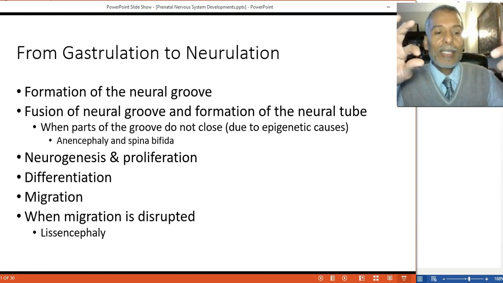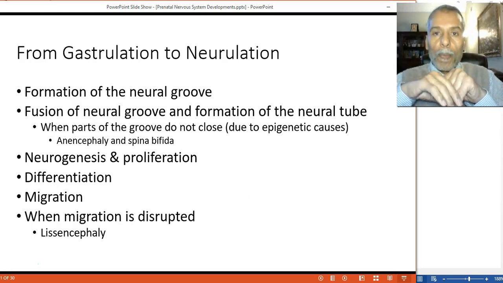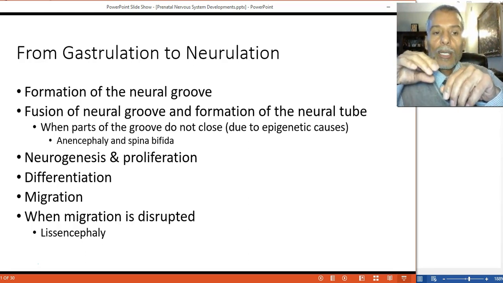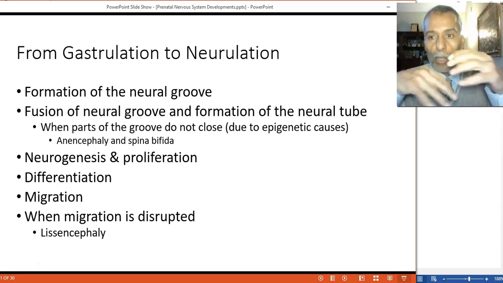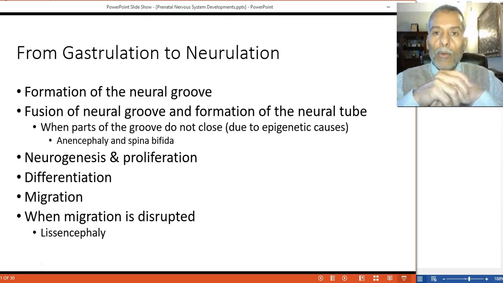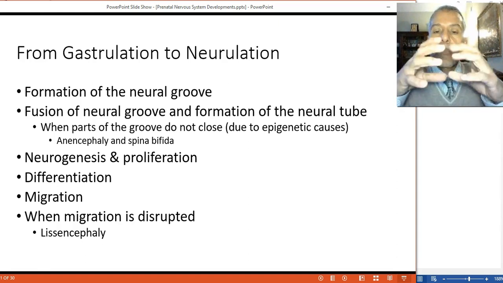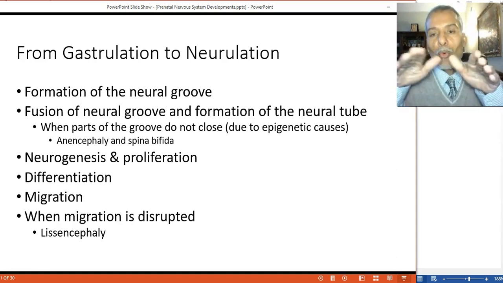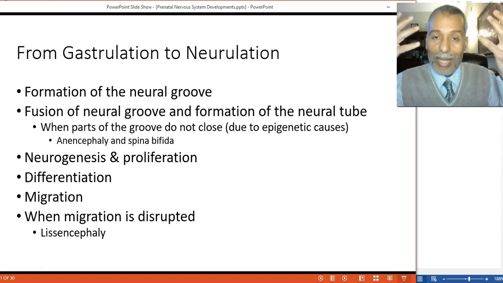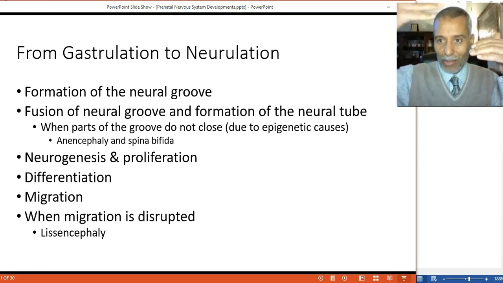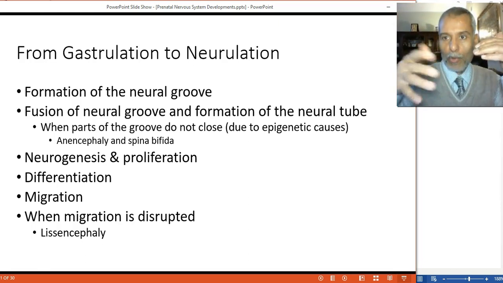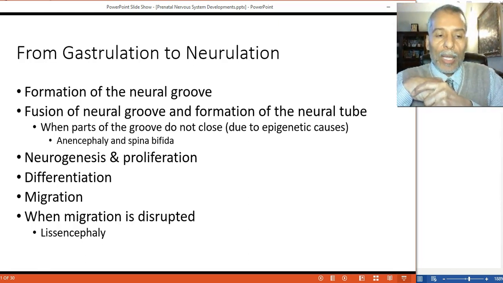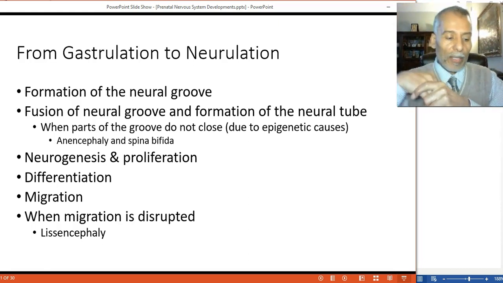Now in lissencephaly, it will have about 4. And in addition, because there aren't as many cells due to the lack of migration, that is going to cause a smooth and flat brain that doesn't have these deep valleys and prominent gyri. So, lissencephaly.